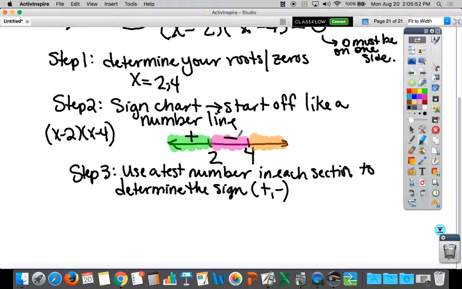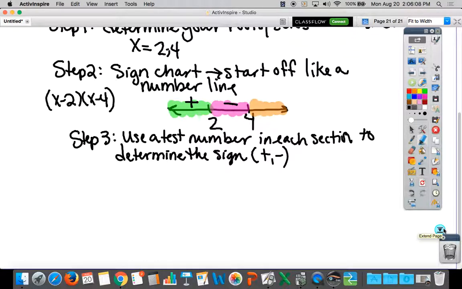Negative. Okay. So check a number that is to the right of 4. What'd you get? Okay. Doesn't always happen this way. We're going to take this sign chart and use it for different things later on. So always check it. Don't ever assume that it's going to be alternating.